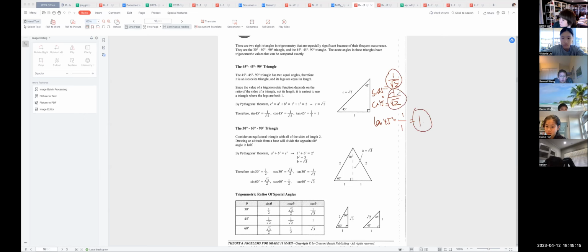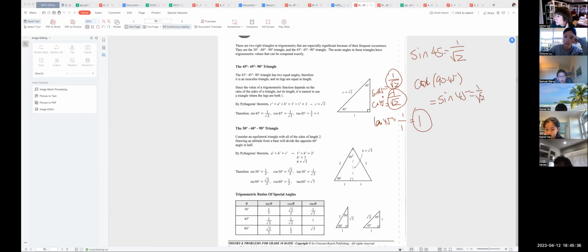I can also do this even without remembering the 45, 45 triangle. If you know sine 45 equals 1 over square root 2, then cosine of 90 minus 45 also equals sine 45, which equals 1 over square root 2.